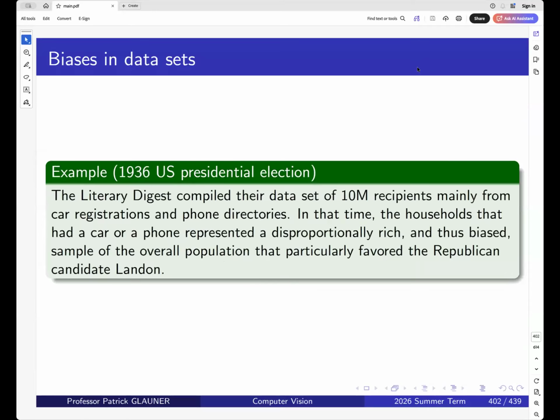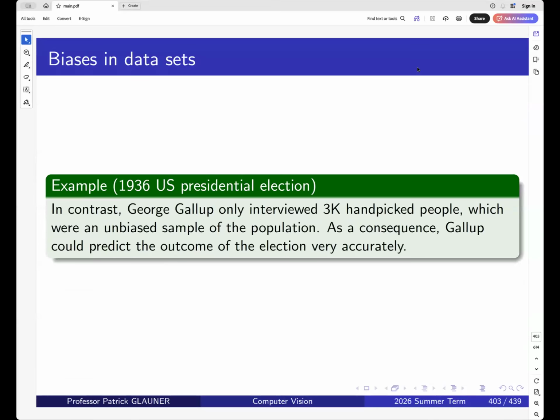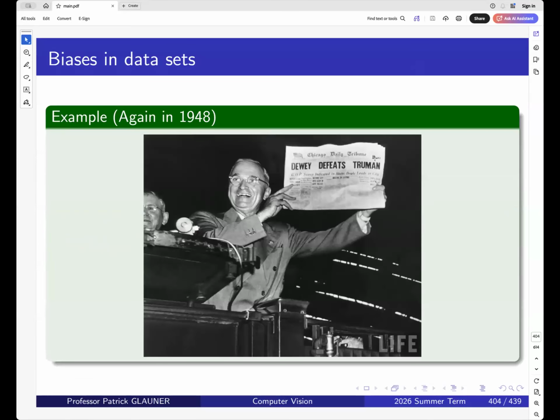This issue that predictions of elections went wrong happened many more times, obviously. For example, in 48, Truman was the US president and he ran for a second term. The Chicago Daily Tribune had made their own prediction during the election night and already printed the newspaper saying that Truman was defeated by his challenger.